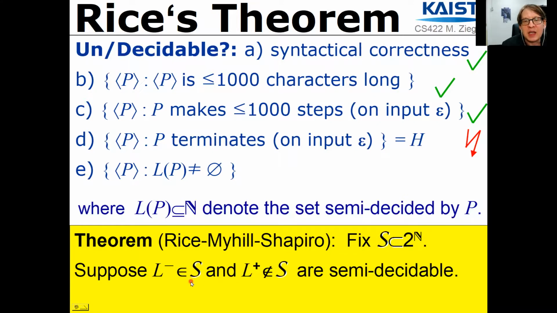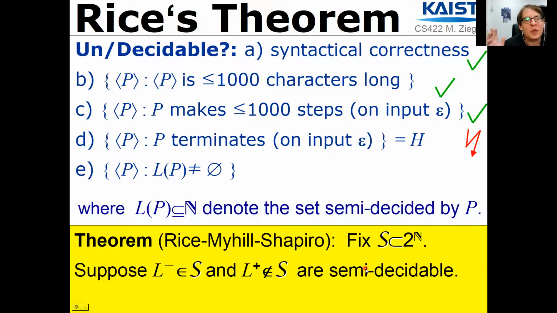It must contain at least one subset of natural numbers that belongs to S and one that does not belong to S. Yeah, the terminology is not perfect, but it makes sense mathematically. It must contain at least one subset of natural numbers, and it must avoid at least one subset of natural numbers. And both subsets of natural numbers are required to be semi-decidable, recursively enumerable.